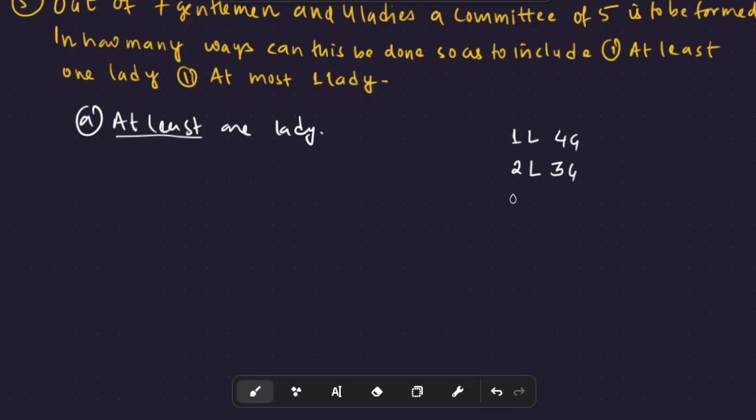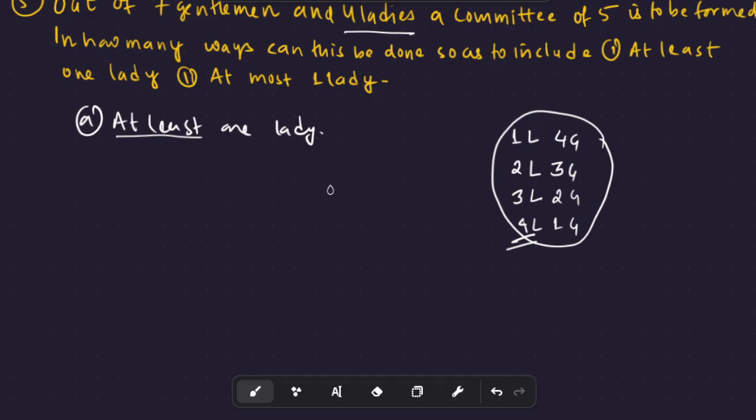If three ladies, then two gentlemen. If four ladies, then one gentleman. We can go up to four ladies because in total there are four ladies. So these are the several options that we can have for at least one lady.